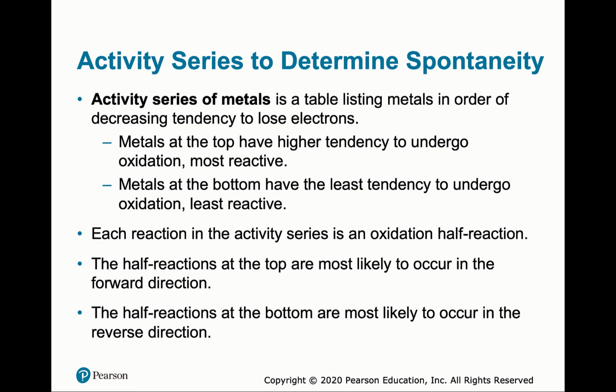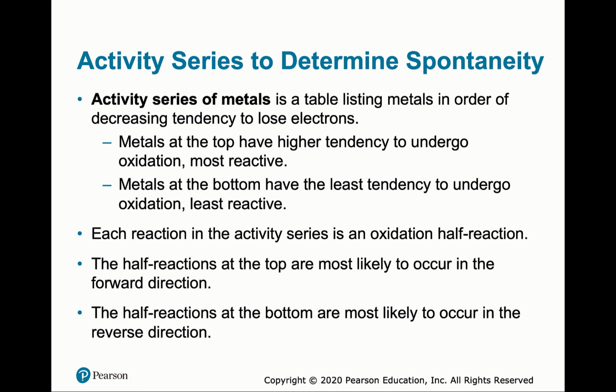So halide solutions tend to be very unreactive. Alkali solutions, they tend to be very unreactive, very noble. And then gold and silver, they tend to be very non-reactive. But then the solutions of gold and silver tend to be very reactive because gold likes to grab its electrons back.